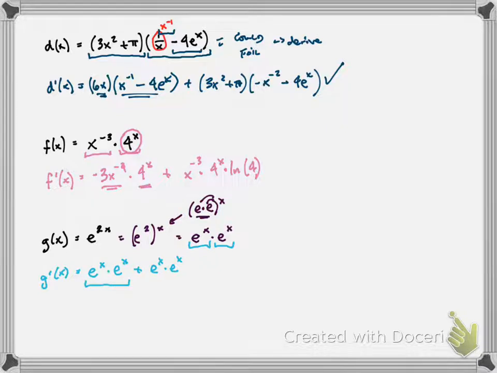Well, e to the x times e to the x, we already said, was e to the 2x. And then I'm going to add to that another e to the 2x. This is g prime still. Well, e to the 2x plus e to the 2x is 2e to the 2x. And so the derivative of e to the 2x is 2e to the 2x.